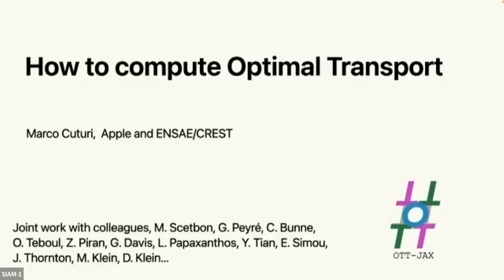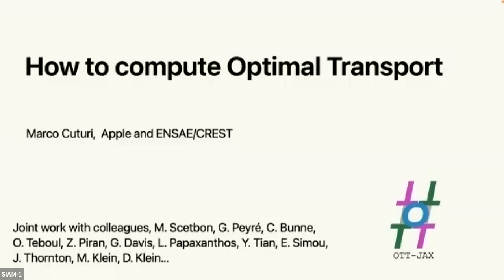And one of those toolboxes is called OTT-JAX. This is the logo there on the lower right. So OTT stands for Optimal Transport Tools, and JAX, maybe many of you might know what it is, but if you don't, think of it as another type of PyTorch or TensorFlow, which was developed a bit more recently.